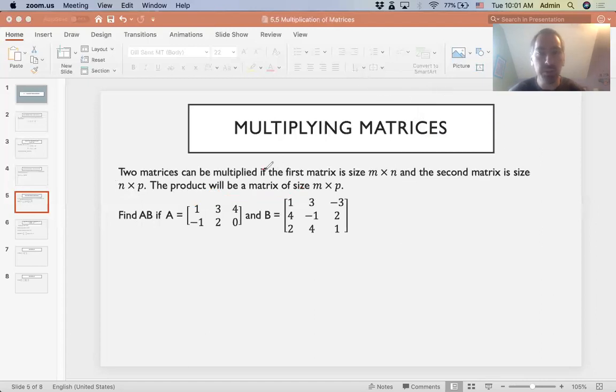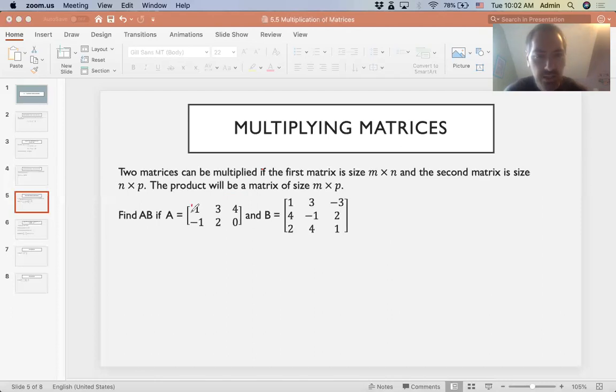When I'm multiplying, this is different than scalar multiplication. With scalar multiplication, all I was doing was multiplying each entry of the matrix by a number. This is going to be different. The reason the number of columns in matrix A must be the same as the number of rows in matrix B is that I'm going to be multiplying the rows by the columns.